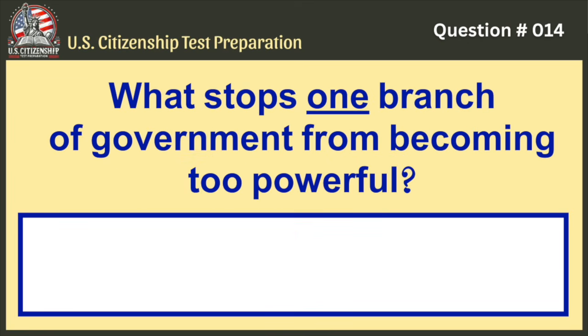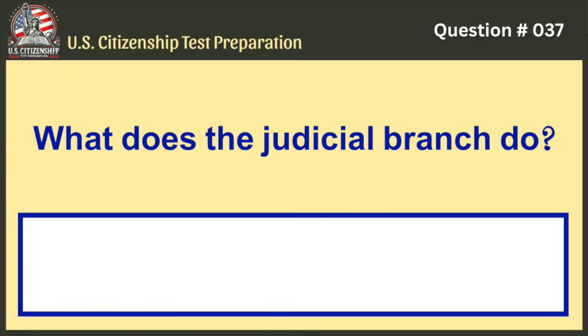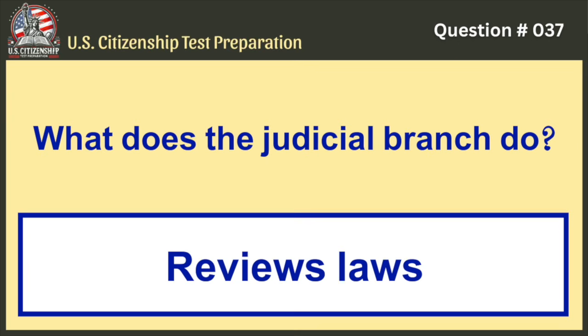What stops one branch of government from becoming too powerful? Checks and balances. What does the judicial branch do? Reviews laws.